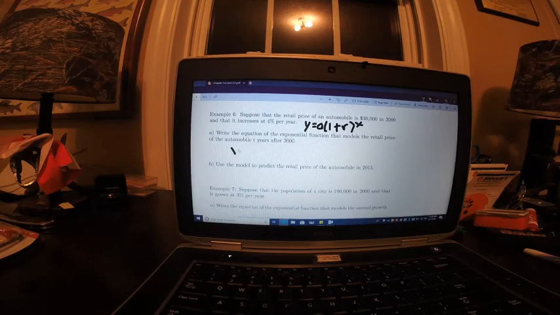So if I write the equation, it'll be y equals 30,000 times 1 plus 4%. 4% to a decimal is 0.04.